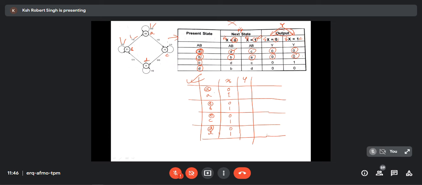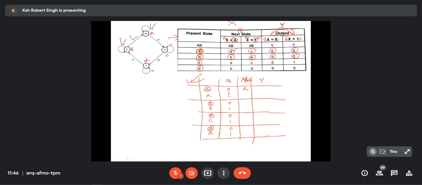Okay, so now you see from A when input X is 0, it goes to A. Why? This is next step.